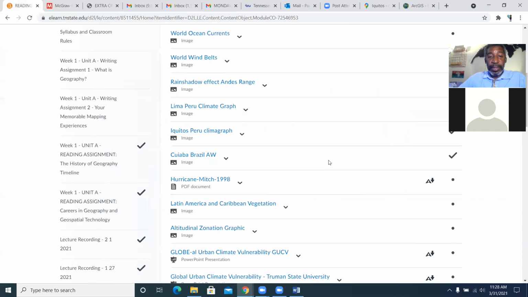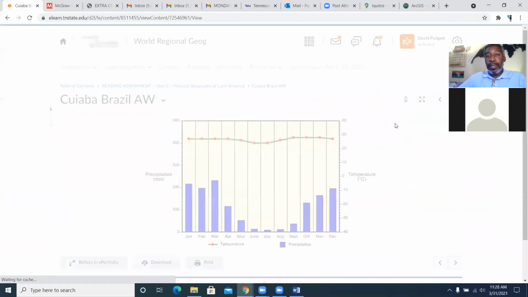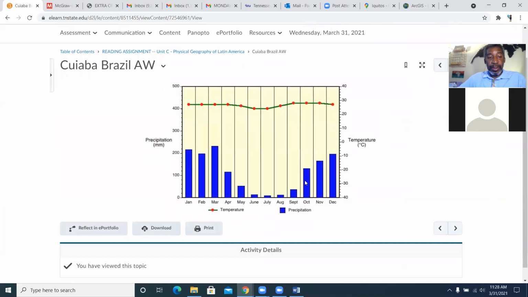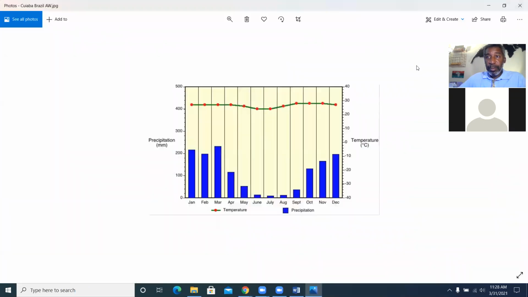So if we take a look at a place that's located within that Aw climate region, we get here the city in Brazil.